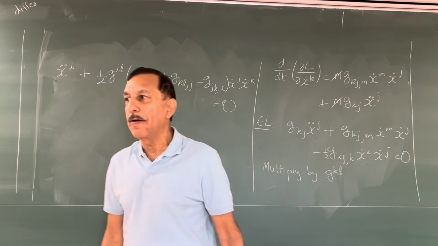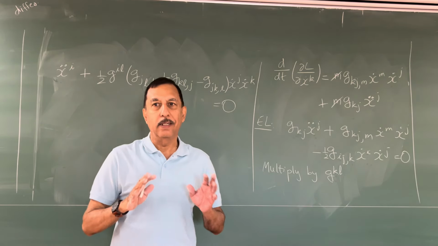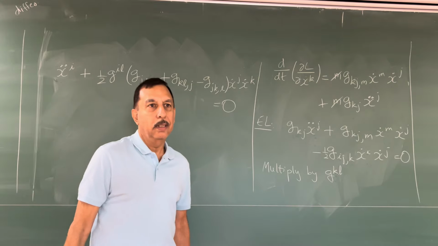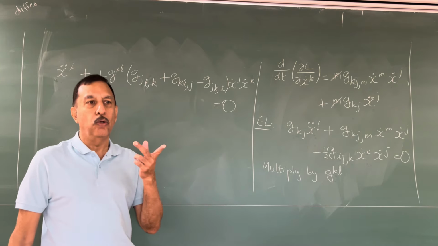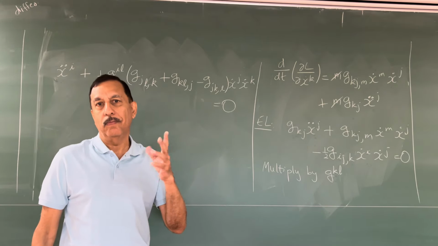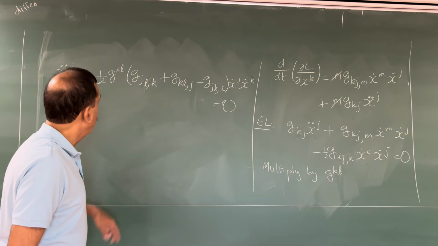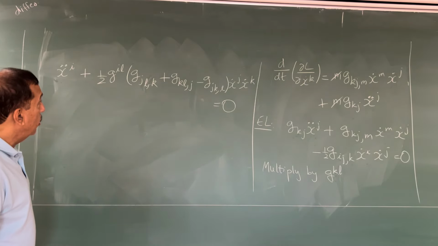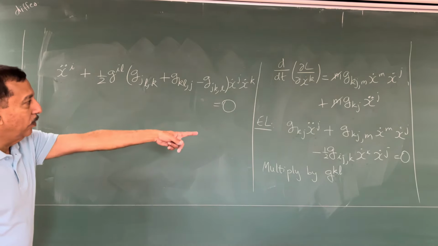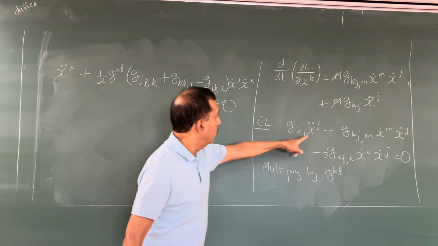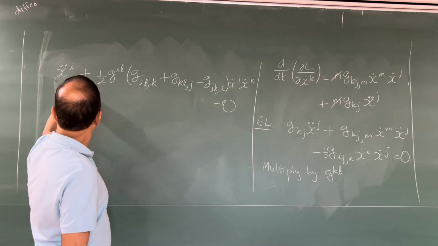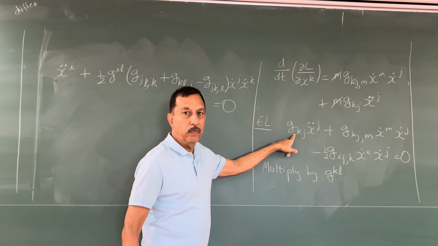Just make sure you don't have 3 or more indices which are the same in any equation. If you have 2 which are the same, they are summed over. You can always rename them to something else and you'll get this form. And now there's only one little trick. You can see it roughly looks like that because x double dot comes here with that g having removed this factor.